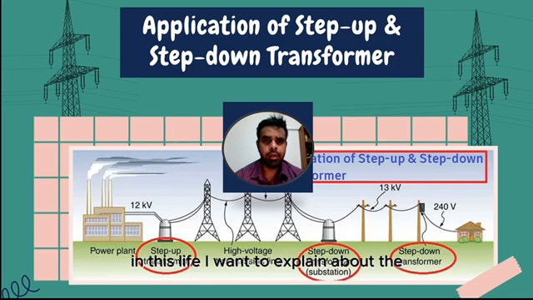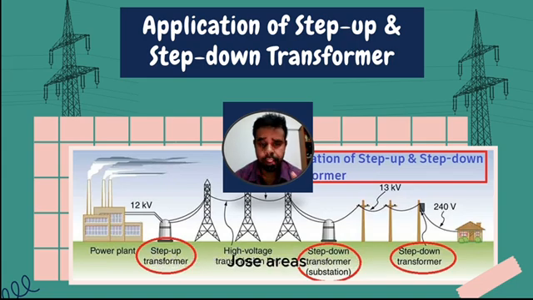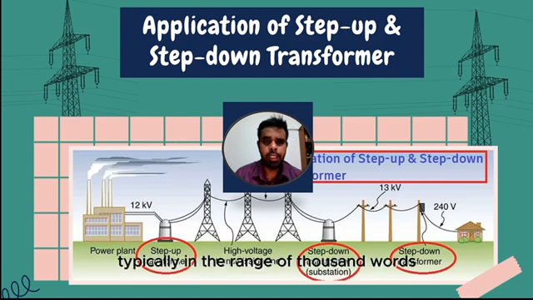In this slide, I want to explain about the current supplied from the power plant and the current released to housing areas. In a power plant, electricity is generated at a relatively low voltage, typically in the range of 1000 volts.